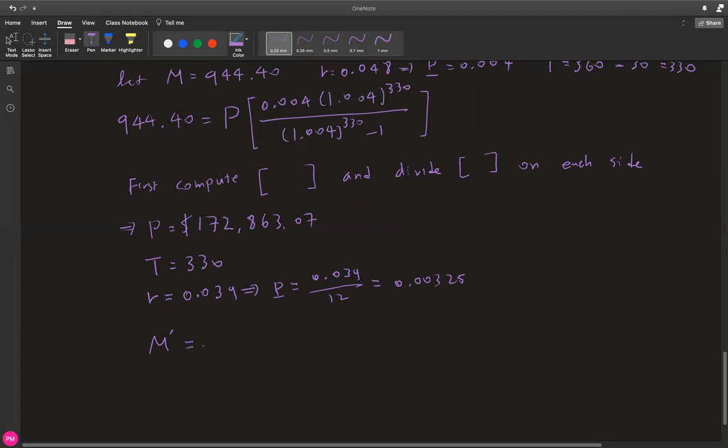So your new monthly payment is now, knowing that the money that you owe is $172,863.07, your monthly interest is 0.00325, so 0.00325 multiplied by 1.00325, exponentiated by 330, and you divide everything by 1.00325 to the power of 330, and you take away 1.